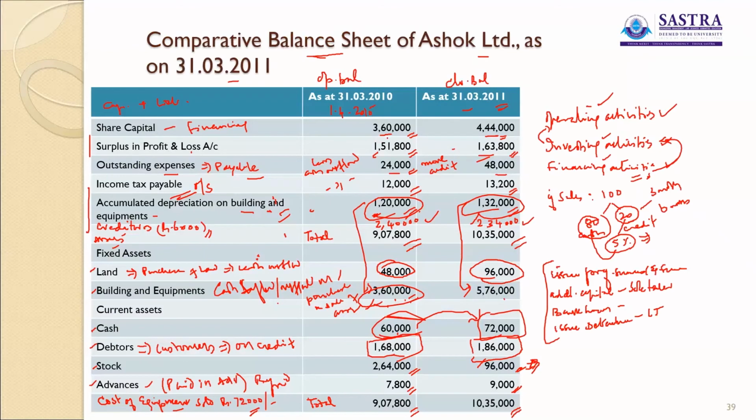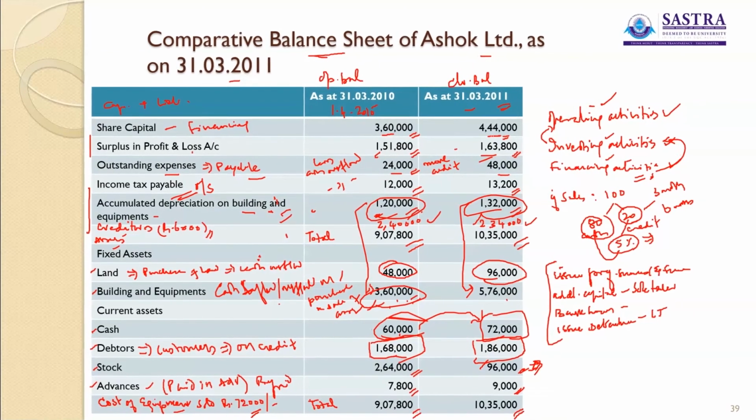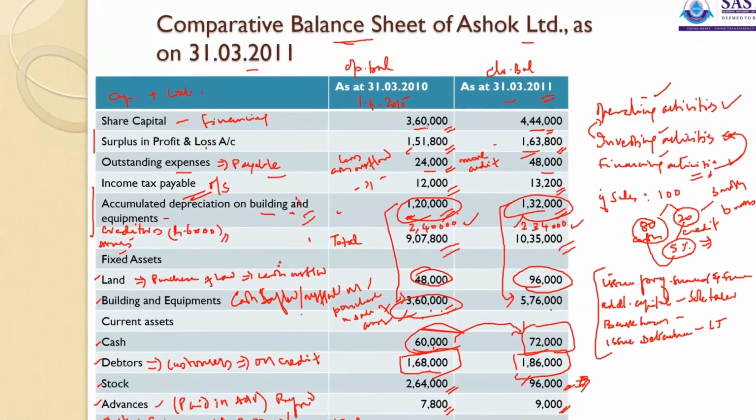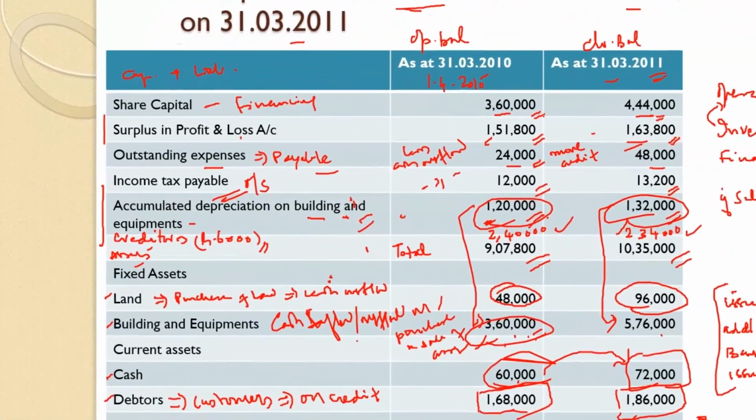Calculation number 3. Cash from financing activities. For this purpose, we need to look at the question. Share capital has increased from 3,60,000 to 4,44,000. That means an increase of 84,000.